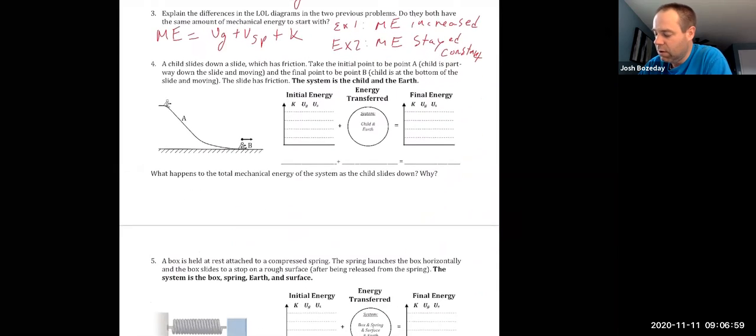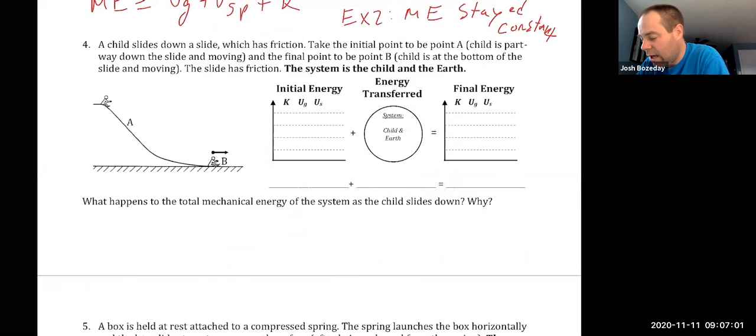Let's take a look at this one. All right, so a child slides down a slide which has friction. Take the initial point to be point A. So he's not at the top. He's kind of somewhat down the slide. Right, so the child's partway down the slide and moving, right? That's important. And the final point is point B, where the child's at the bottom of the slide and moving, okay?